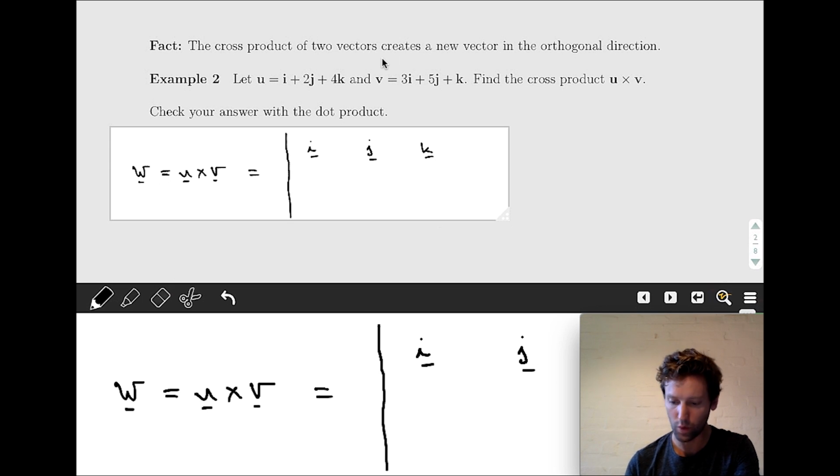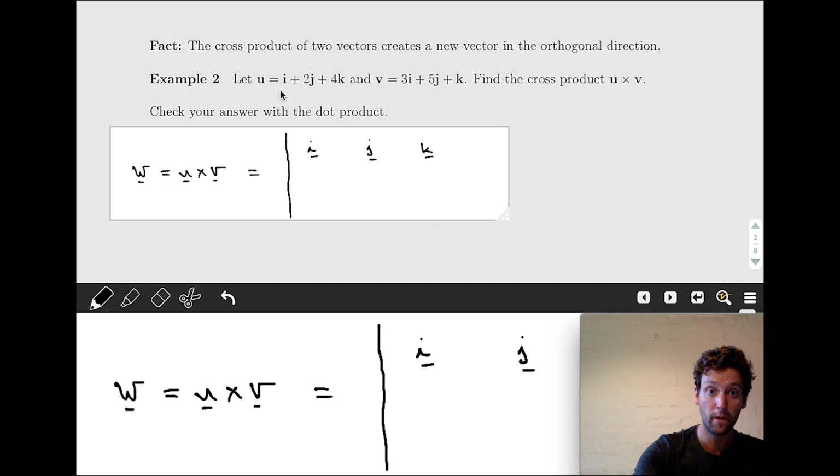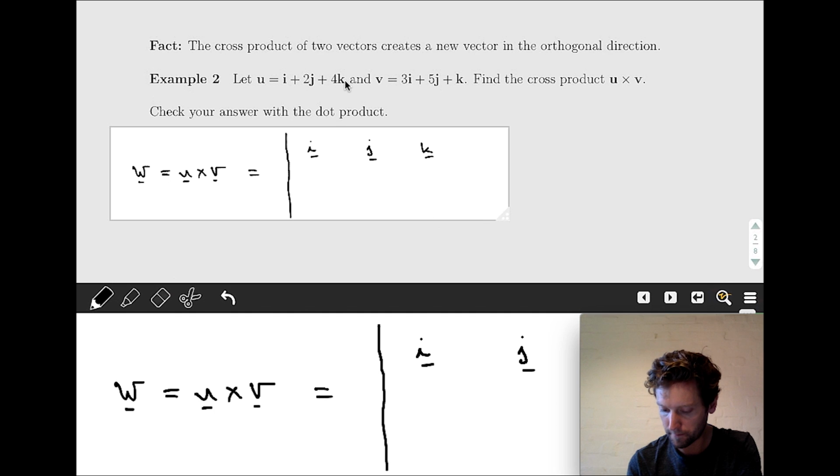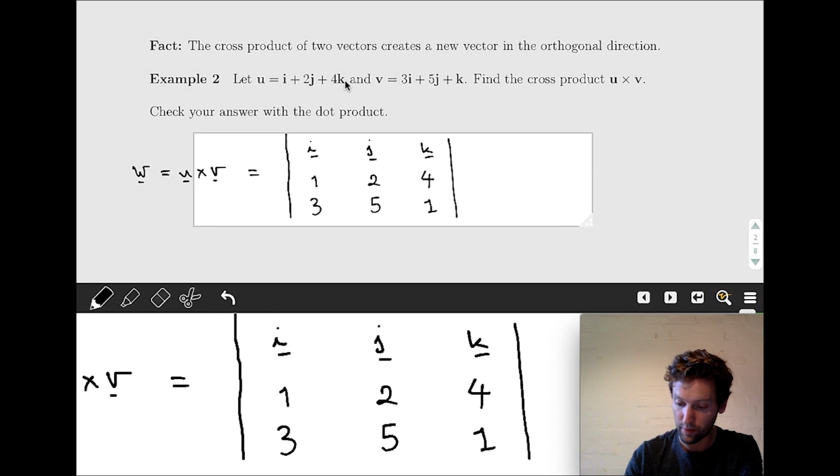The second row will be made up of the components of u. So the components of u were i plus 2j plus 4k, so the components are 1, 2, 4. And the third row is made up of the components of v. So those are given by 3, 5, and 1. So we have this 3 by 3 matrix to calculate.